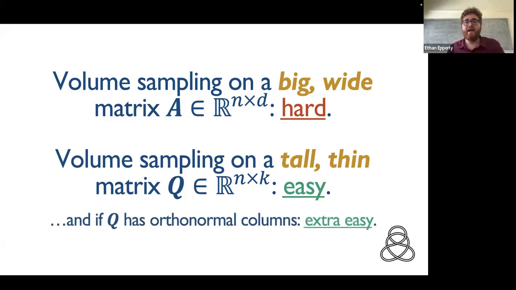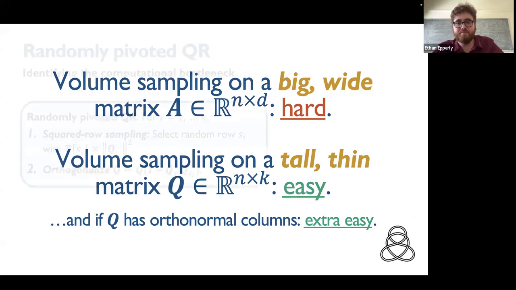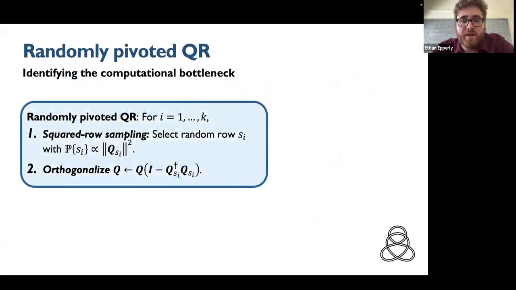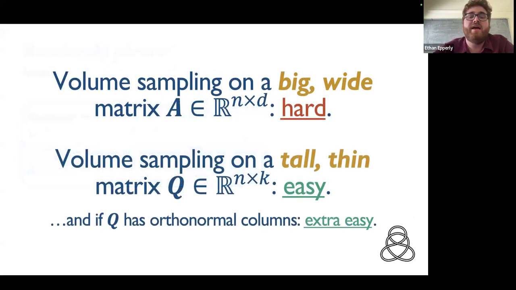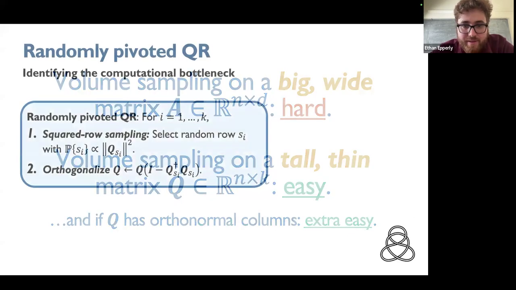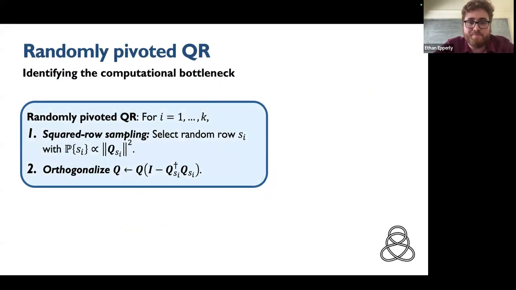And in fact, we have an extra piece of information that Q has orthonormal columns. And this makes the volume sampling problem extra easy in some sense. So we're going to leverage this fact that volume sampling on a matrix with orthonormal columns is super easy. And let me tell you about that.